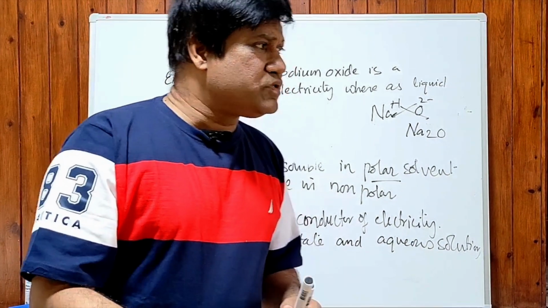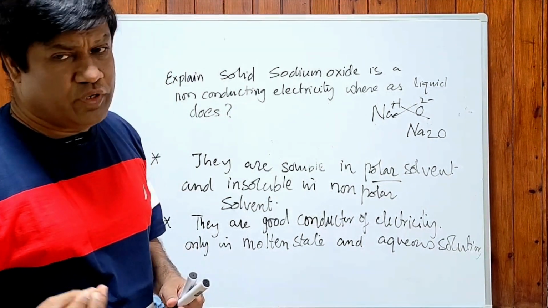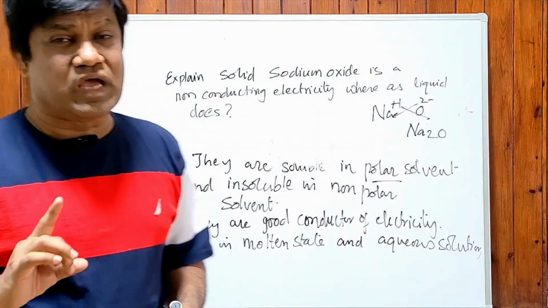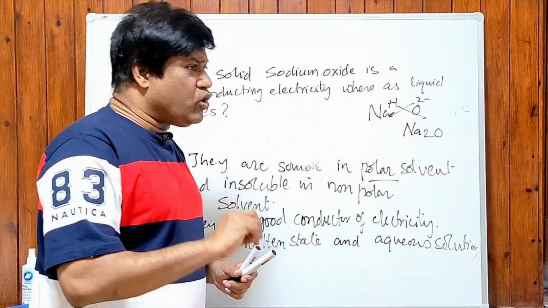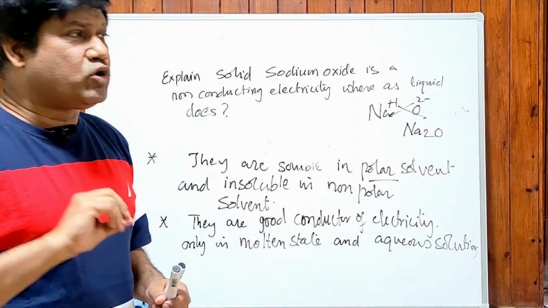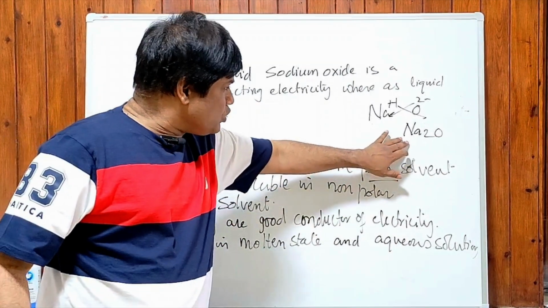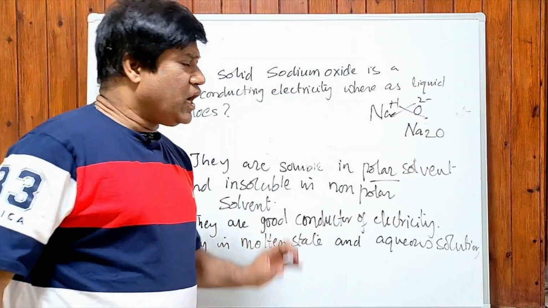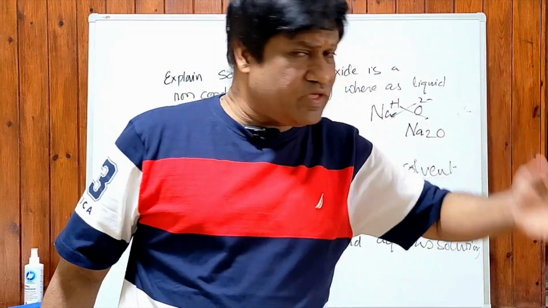Some of the students said, sir, due to the absence of delocalized electrons. Don't use the term delocalized electron. Ionic bonding is not because of electrons. Ionic bonding is because of the formation of ions. In solid sodium oxide, there are no free ions. The answer should be short and sweet. I've seen the mark scheme.